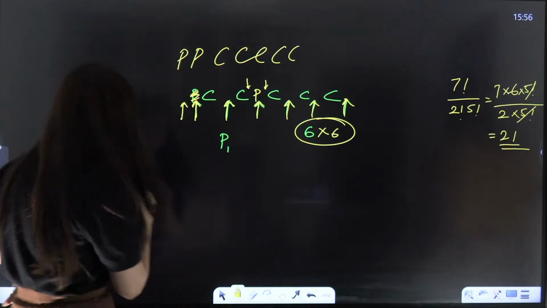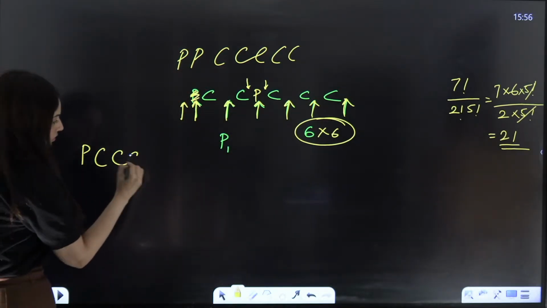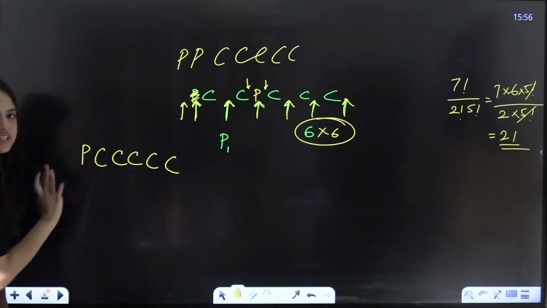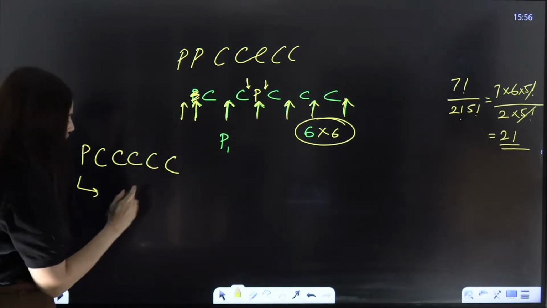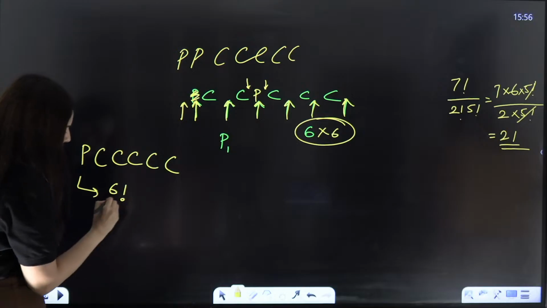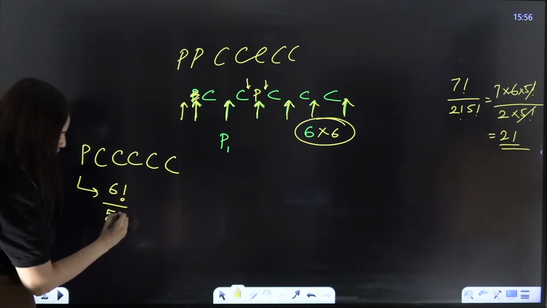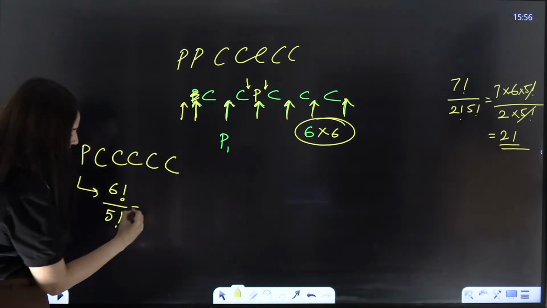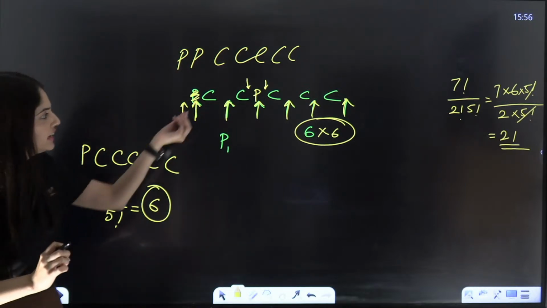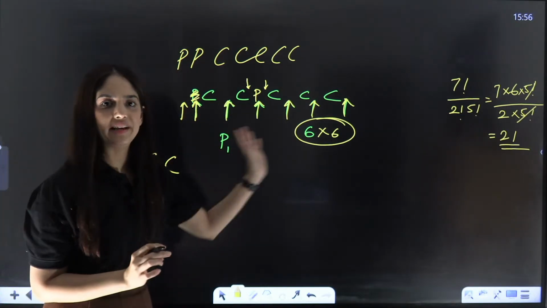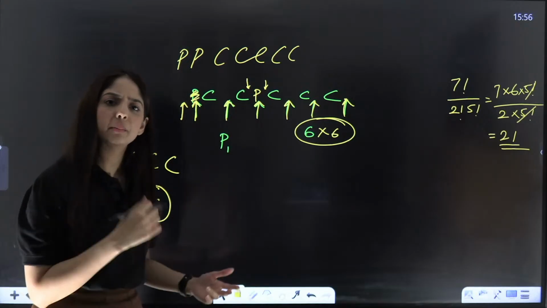Let's say we only had 5 C's and 1 P. In this case, even if we went by that logic, 6 factorial by 5 factorial for the 5 repetitions, that means 6. And even if we go by this method, we get 6 places to place our first P. Now what about the second P?